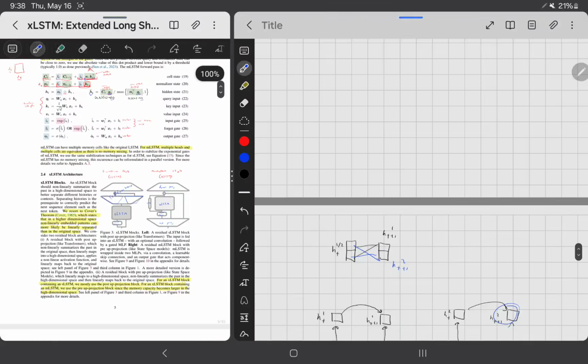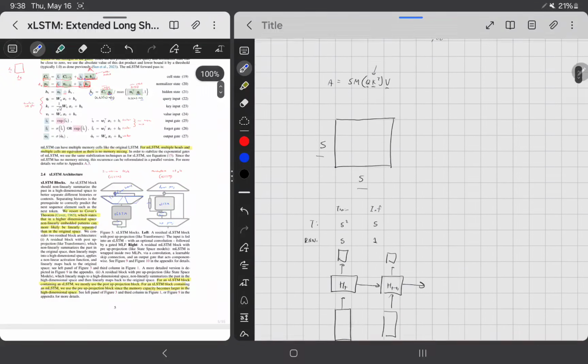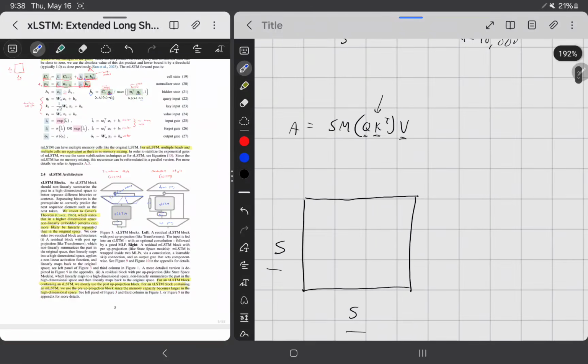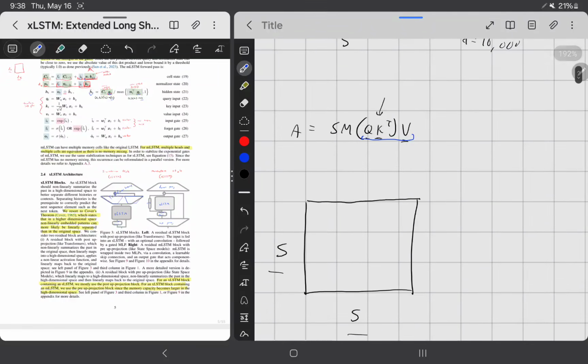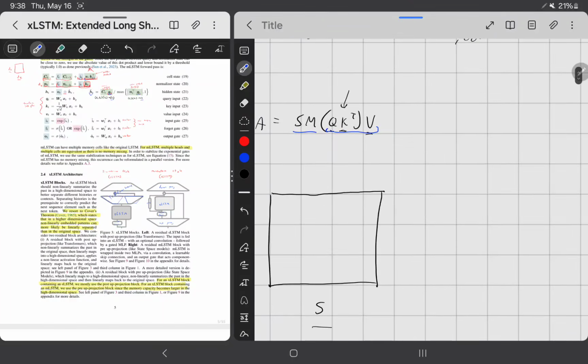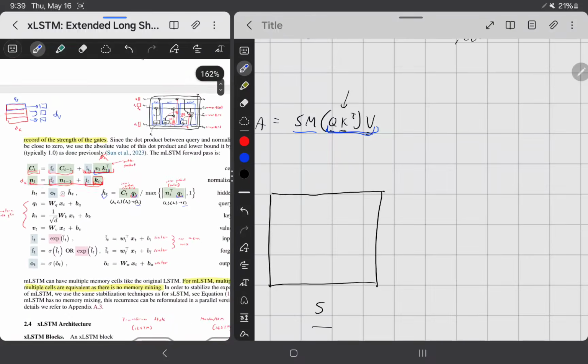You can kind of think of this as, if I have QKTV, you can reformulate this if you turn softmax into a kernel, and you can do the product between KT and V, and you have your queries extracting the information. So this is just basically the accumulation of Q, KT, and V, and that gives you your output. And that's what we have here.